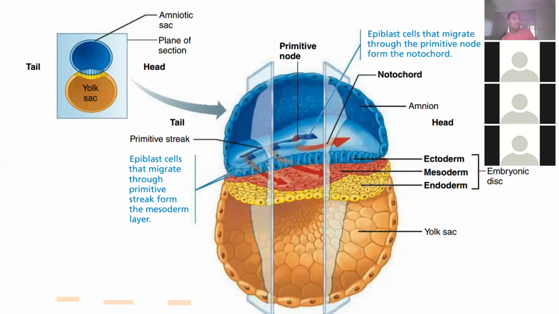And look at the mesoderm. Mesoderm is red because it is going to become meat, red meat. So all our muscles will come from the mesoderm. At the same time, our bones will come from the mesoderm.